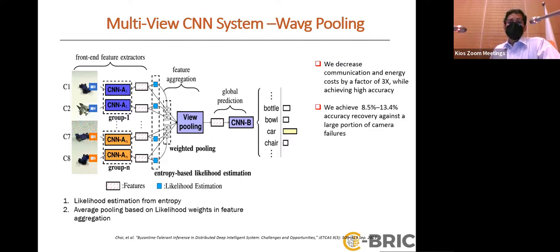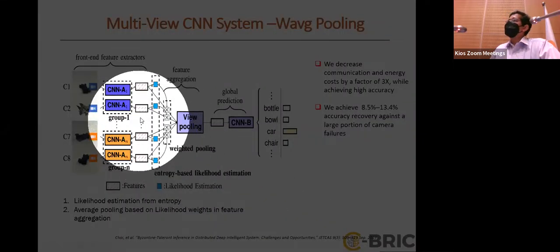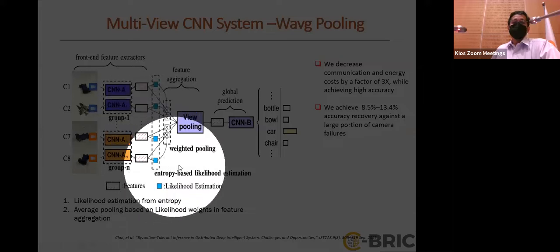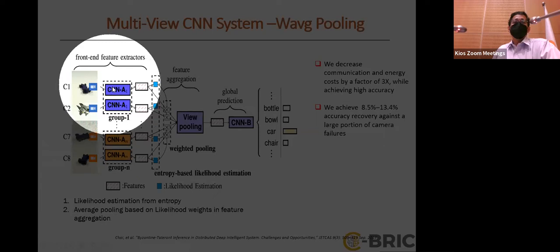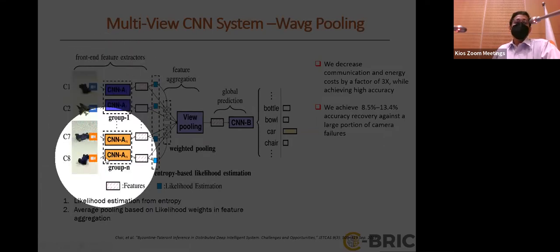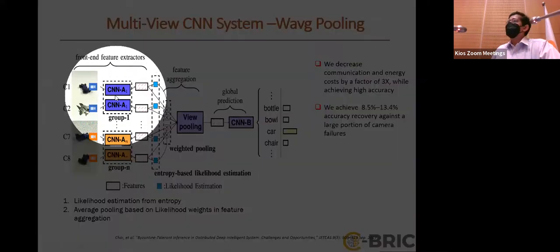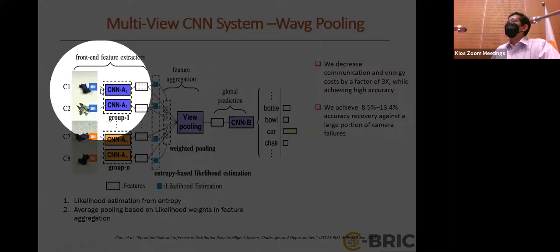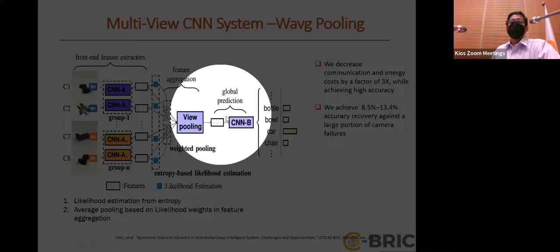Then we apply this entropy-based likelihood estimation to check whether the contribution of this camera cluster is valuable enough in the collective decision it's going to make. Our network has one small part running on the edge devices, and it has the combined centralized view from all the cameras in the backend.